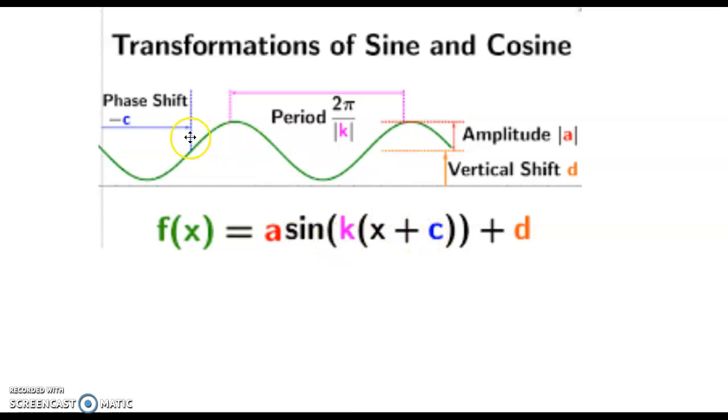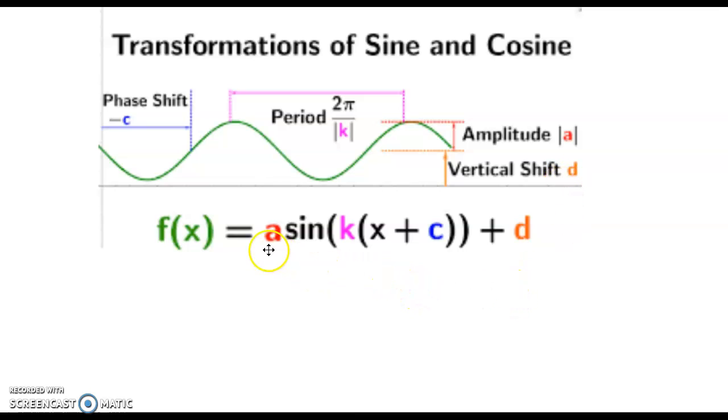And then if we shift the graph to the left or to the right, with sine and cosine graphs, or with any trig graphs, we're going to call that a phase shift. And that is going to come from the c value, or the number that we're adding or subtracting, which is just a horizontal shift. And then the vertical shift we talked about yesterday is anything outside the parentheses that we add or subtract, and it's straightforward.